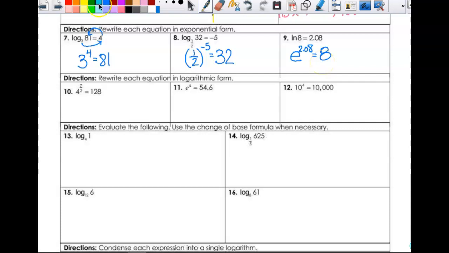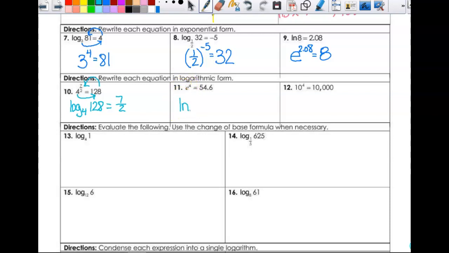All right, so now we're going to rewrite exponentials into logs. So the base of the exponent becomes the base of the log. So log base 4, and you go around the equal sign again, of 128 equals 7/2. All right, so I don't write log base e. A log with base e is a natural log.